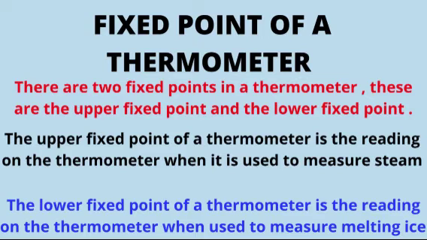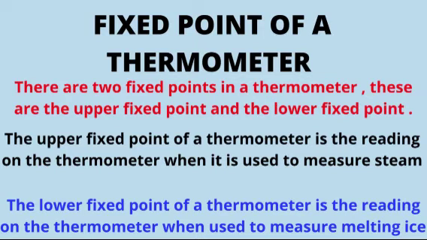The upper fixed point is simply the reading on the thermometer when it is used to measure steam. And then the lower fixed point is the reading on the thermometer when it is used to measure melting ice. That means the temperature that it will give you when you measure melting ice is called the lower fixed point of the thermometer. For the Celsius scale, it is 0 degrees Celsius.